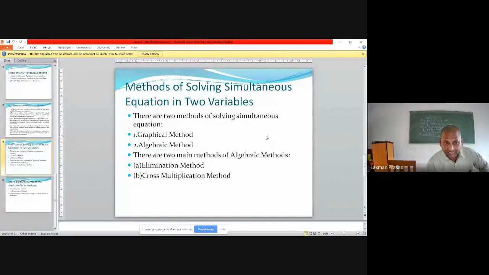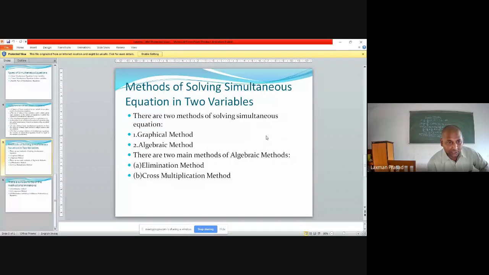If there is a same sign, subtract the equation. If there is a opposite sign, add the equation. It depends on condition, the sign which is same, or there is a difference between both the equation signs. So according to sign, we add or subtract the equation.